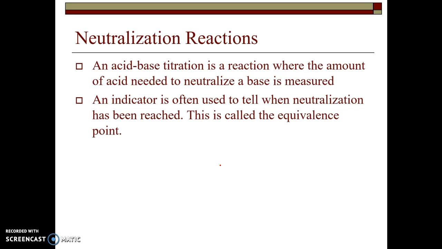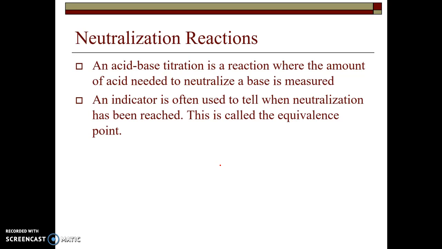Acid and base reactions by themselves are not the most exciting to watch, because it looks like water, you're making water, and it doesn't look like anything is happening. So one way we can tell what's going on is by using an indicator, and we want an indicator to tell us when our solution has been neutralized.